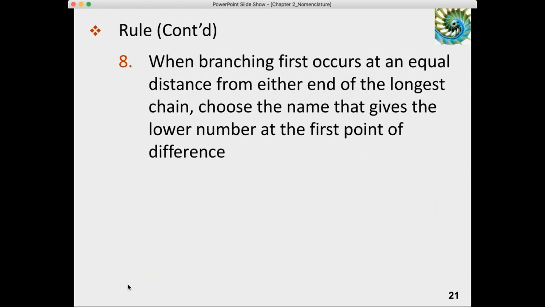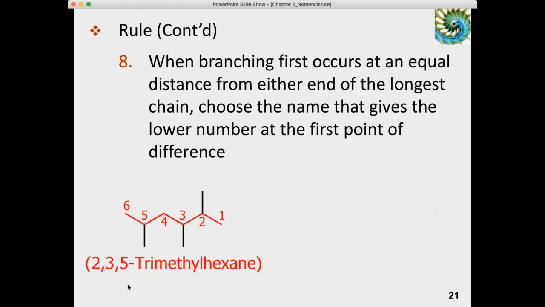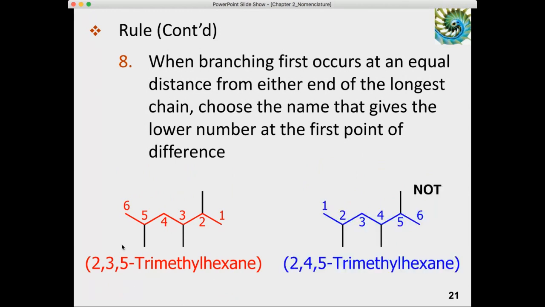So another case that you can find is when branching takes place at equal distance from either end of the carbon chain. So here is an example. We have in red the longest carbon chain, and now we have to decide where to assign number 1. If we assign number 1 here, next we have a methyl here, next we have a methyl. So the first group is at the same distance from both ends.